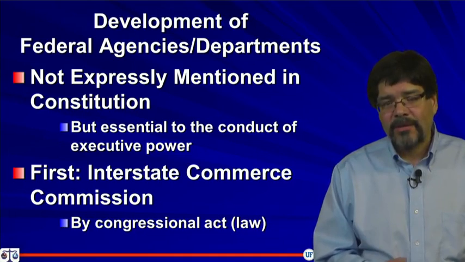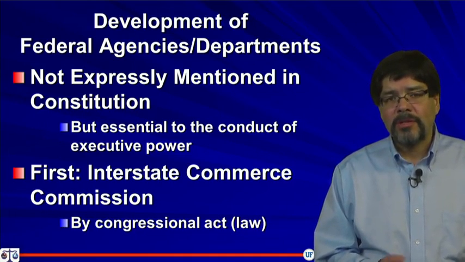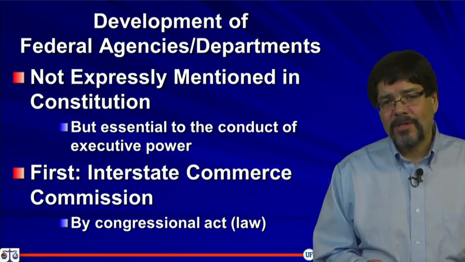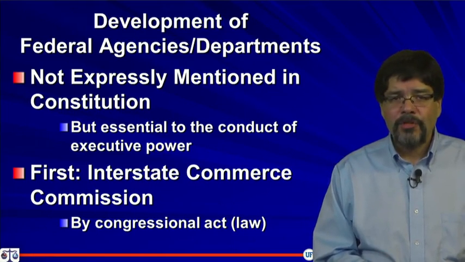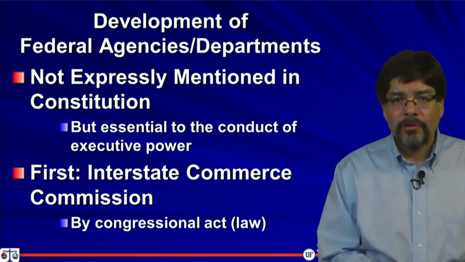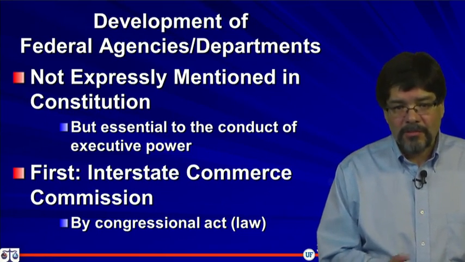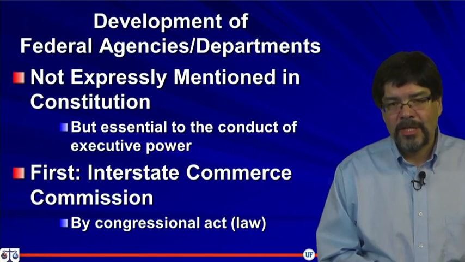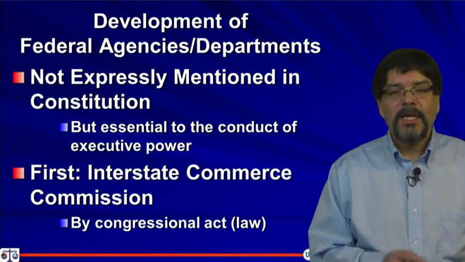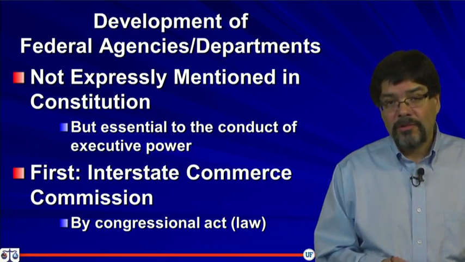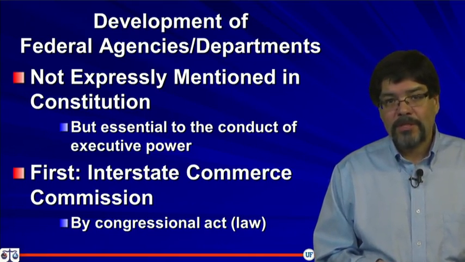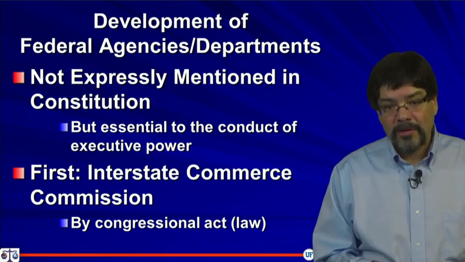And in fact, there's a great deal of cooperation between the President and the Congress, because the Congress has to often issue enabling legislation to create a department such as the Interstate Commerce Commission and the Department of Commerce, and also the legislature has to give those departments money to carry out their work.